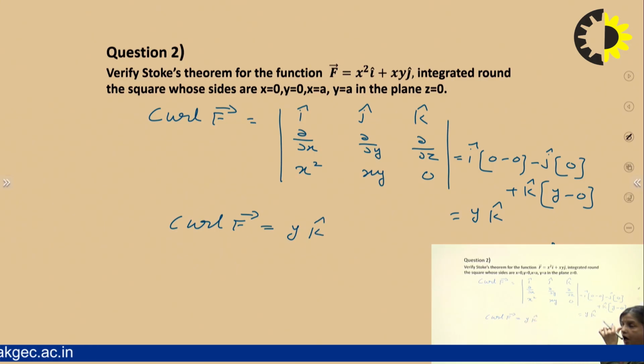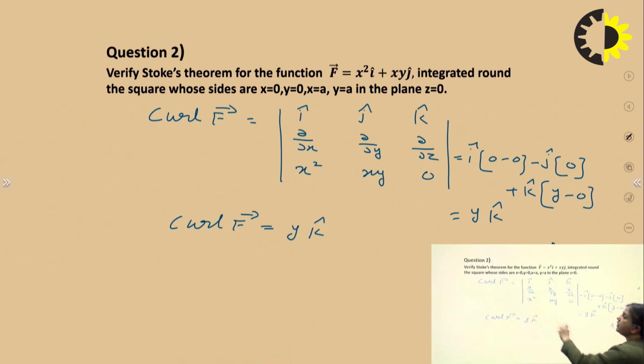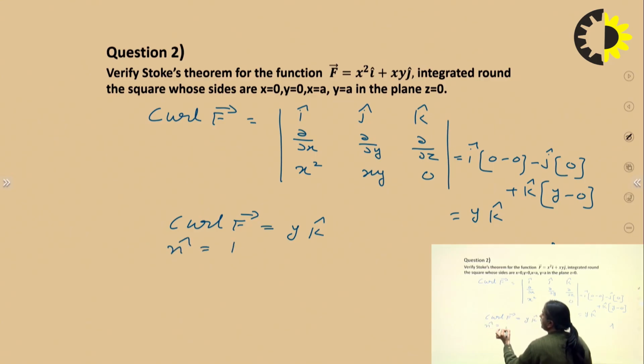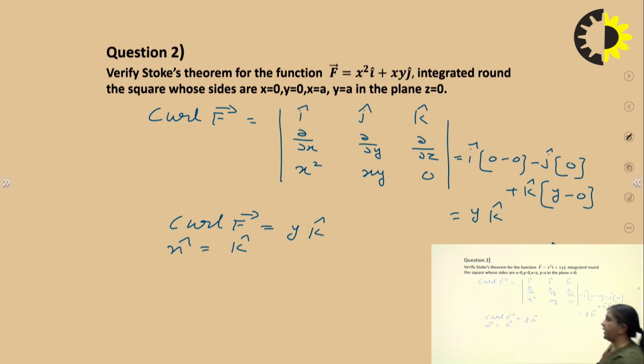After finding the curl of vector f, we have to find n cap, and then we have to find the surface integration of curl of f vector dot n cap. So in this plane, z equal to 0, that means the xy plane is here. So n cap in this question also will be k cap, because this is also in the xy plane.